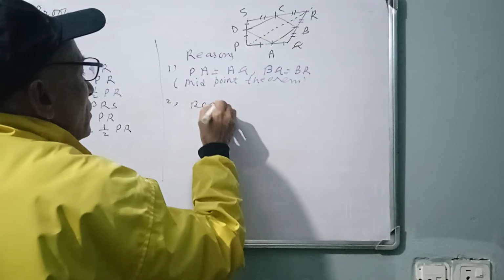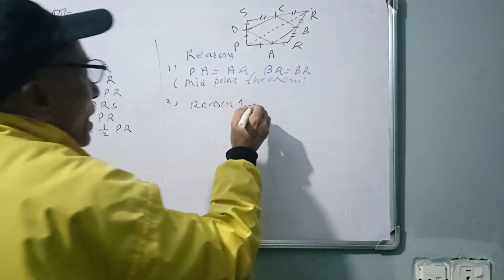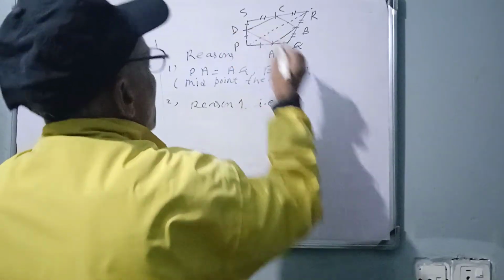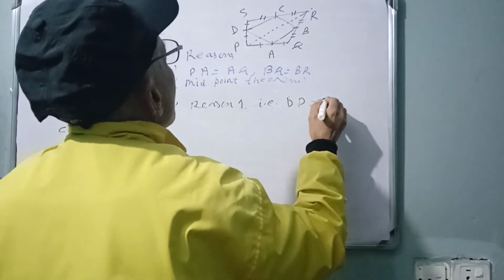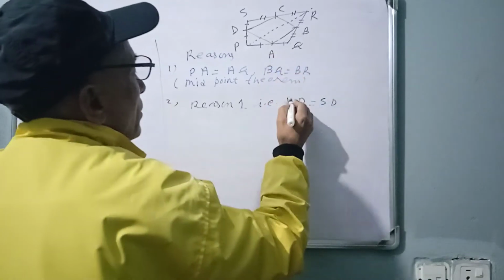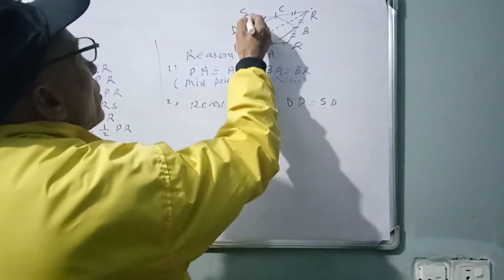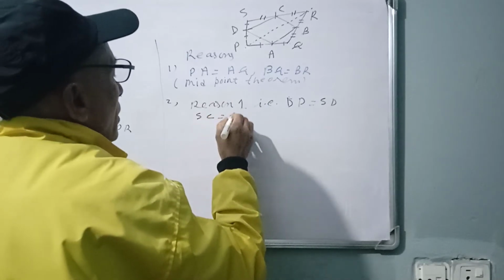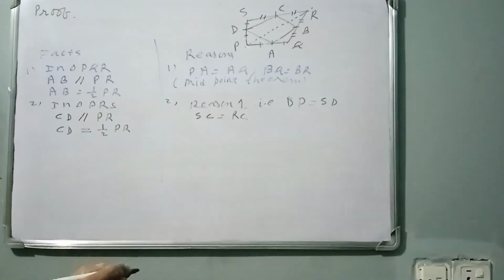Reason: that means DP equals SD and SC equals RC, using the midpoint theorem.